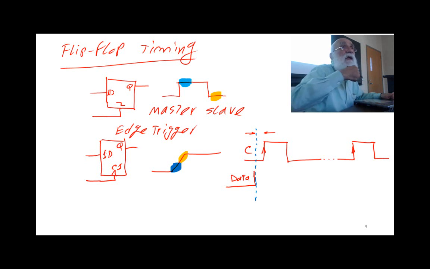So what I'm saying is I want to allow a setup time. And if it's too close to the edge of the clock, it means that I'm not allowing the setup time. I'm not allowing the new value of the D input to propagate into this structure. Think about the structure that we were talking about, to propagate into this structure so that the clock will effectively take that data and put it on the output.